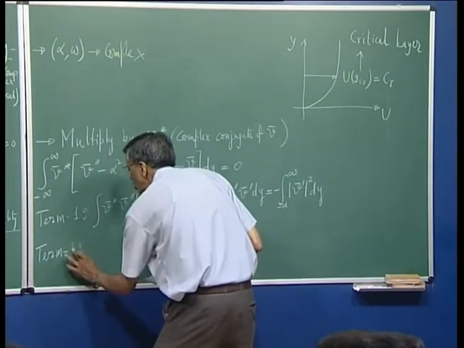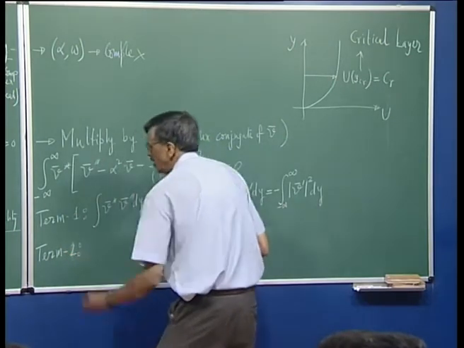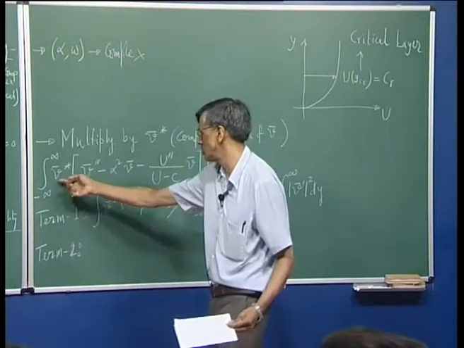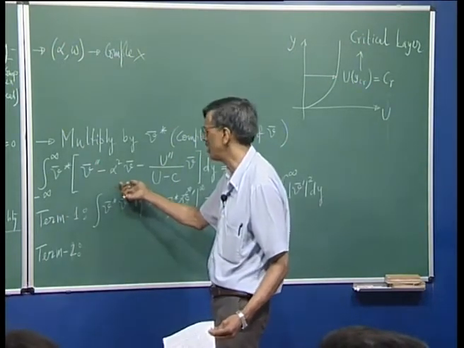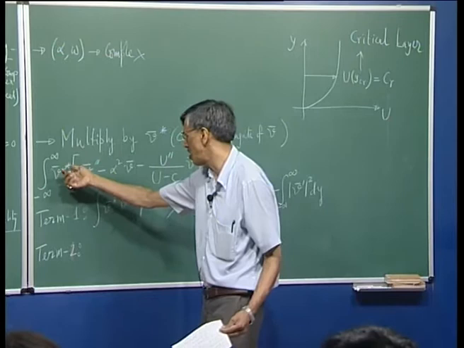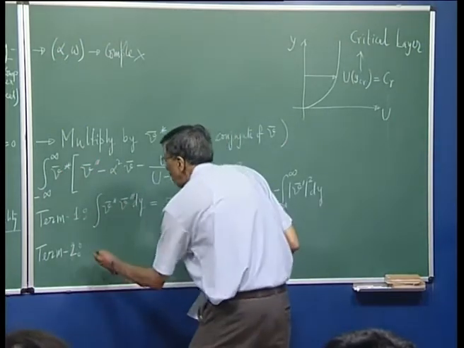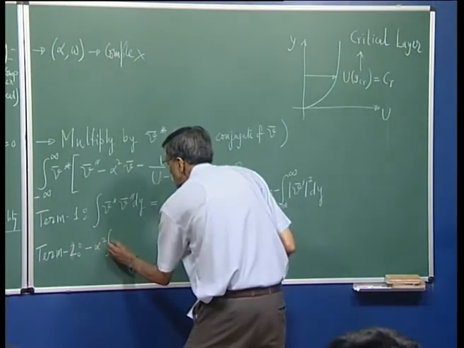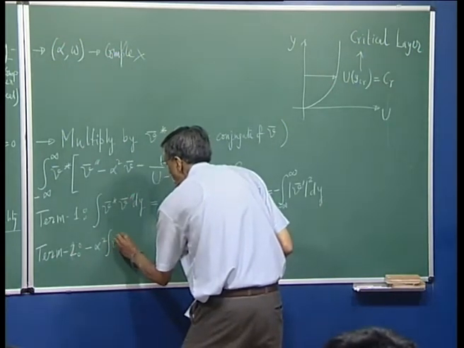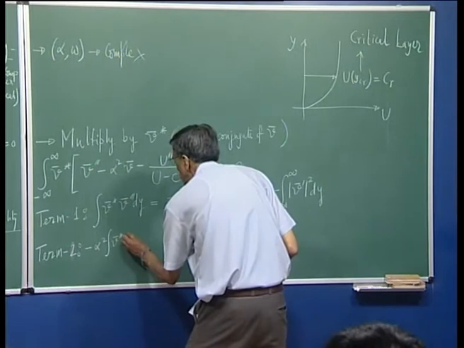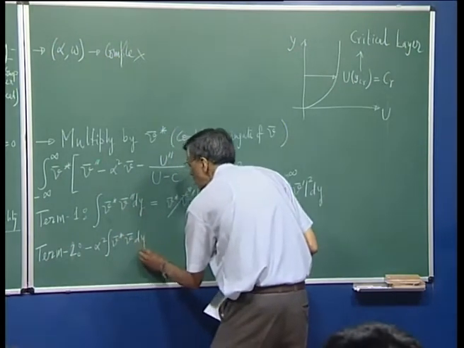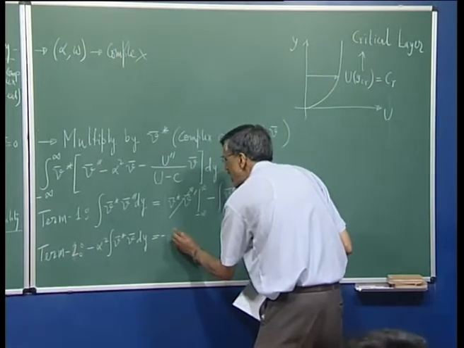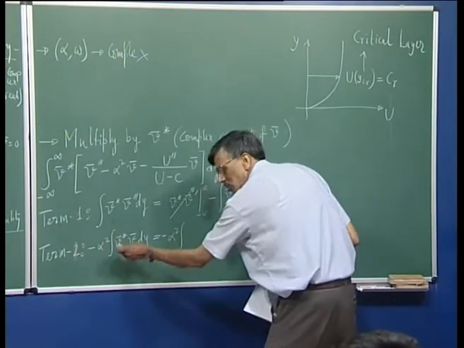Term 2, the second term, is rather simple, because that is this minus alpha square v bar star times v bar. Okay. So, I will get minus alpha square times the same thing that we have seen, this into its conjugate.